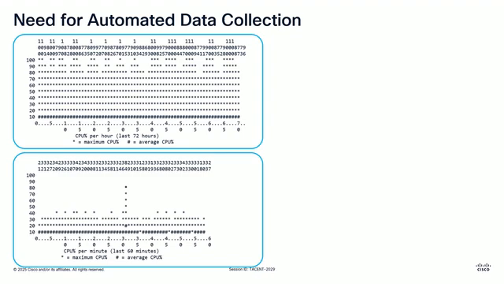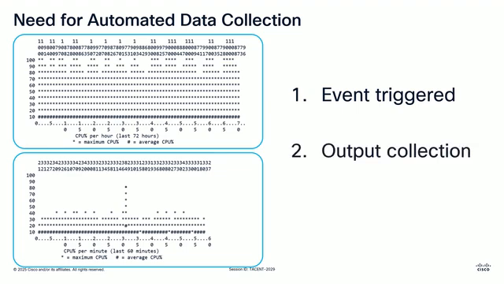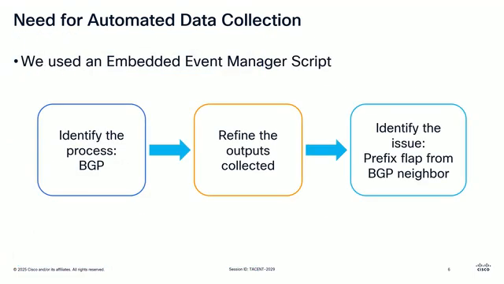And that makes it difficult to collect data right at that instant to understand what's causing those high CPU spikes. What we needed was a way to trigger on that high CPU event so we could collect the data that we needed to understand the high CPU. And then we need to be able to store that data for later review. We were able to use a tool called Embedded Event Manager scripts.